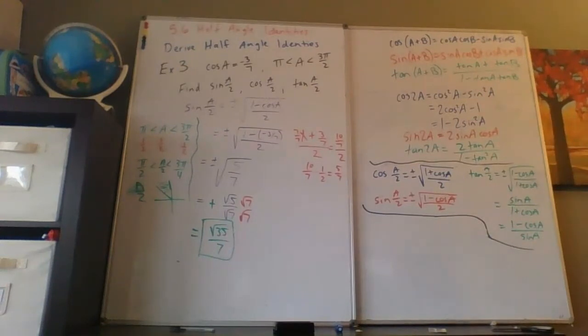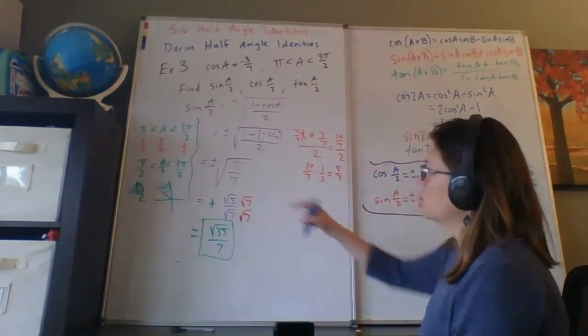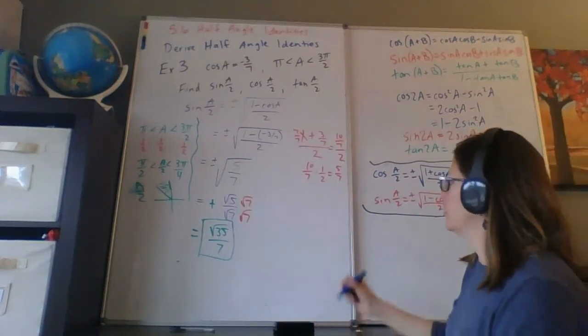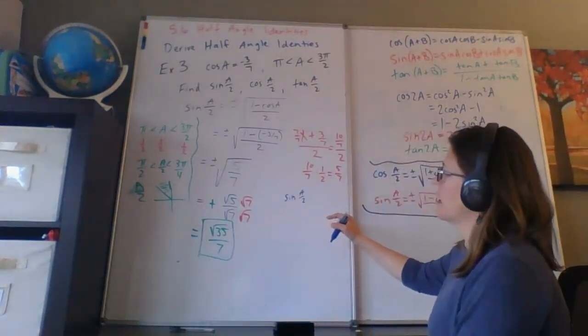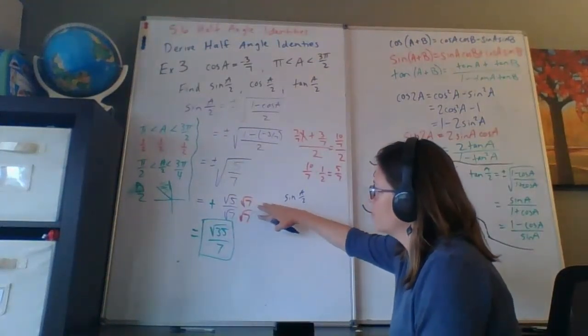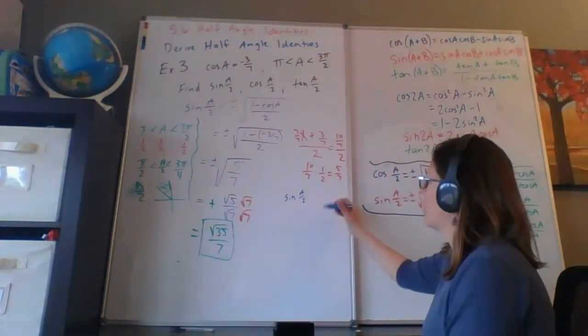Similarly, we could use the Pythagorean identities. So we already found that A over 2 will be in quadrant 2, and I will use the sine of A over 2 as rad 5 over rad 7 before rationalizing so that our numbers are smaller.